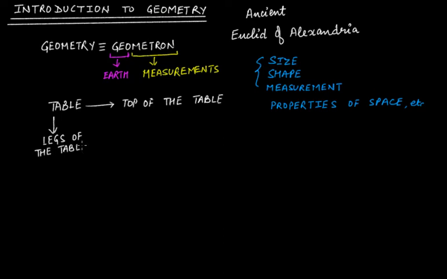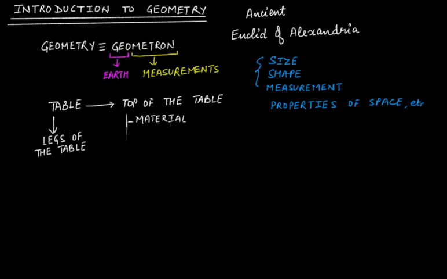Now, when you cover the top of the table that you are going to design and construct, first you will choose a material: whether it's iron, some other metal, or a wooden table, or plastic.